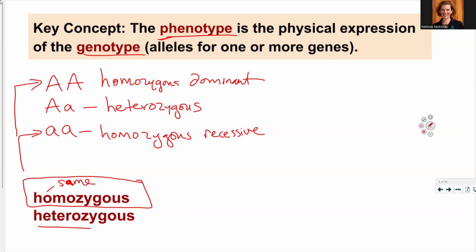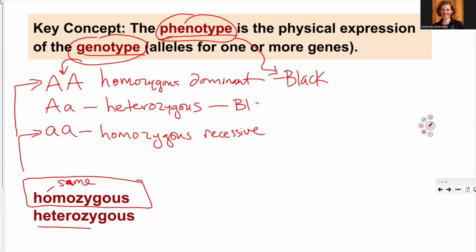So the homozygous dominant in the previous example was black. That's the phenotype. So the phenotype is the physical expression of the genotype. The genotype is the combination of alleles over here. For the heterozygous, that's also black. So again, the phenotype is the same, black and black.